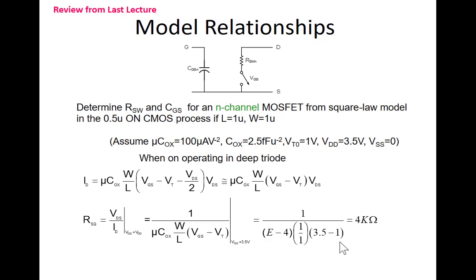Keep in mind also that I could have changed the dimension of the device. If this device were 1 micron by half a micron, then it would have been 1.25 femtofarads. So we see right away that as we size our devices differently, we will have different switch level models for the device.